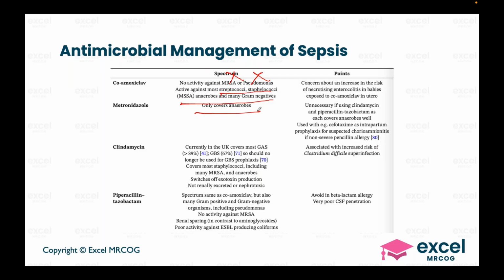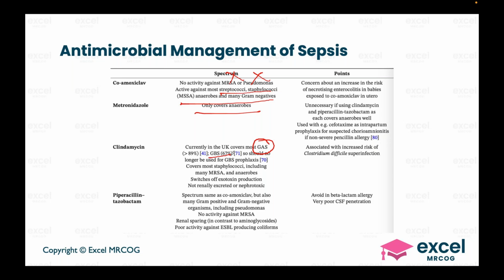Okay, then clindamycin. Clindamycin currently covers most of your GAS, and it is important because exotoxin production is shut down. Okay, but most, not all of the GAS organisms. GBS is only 67%, as I told you. 30% is resistant.